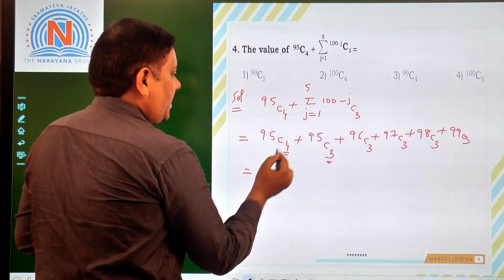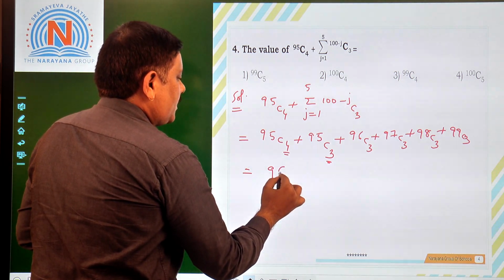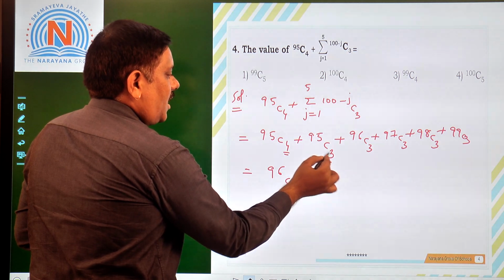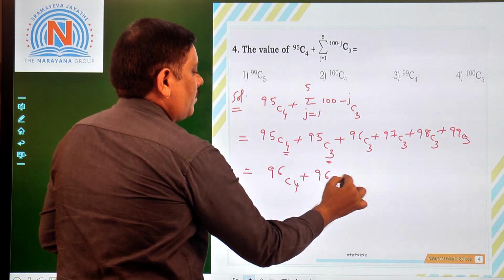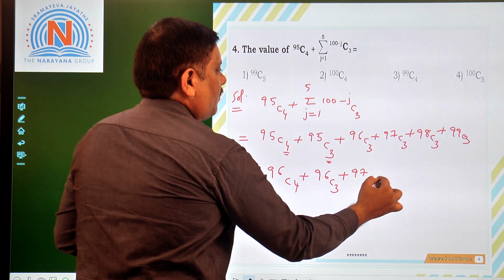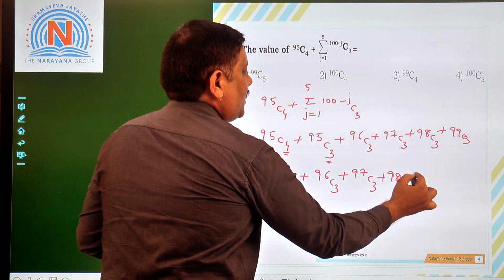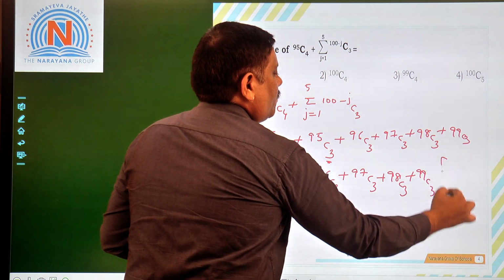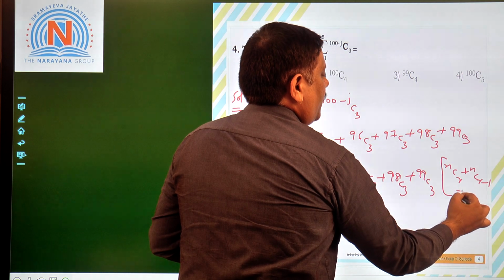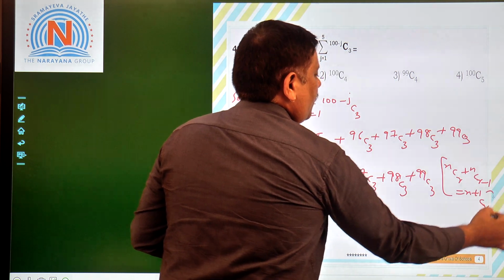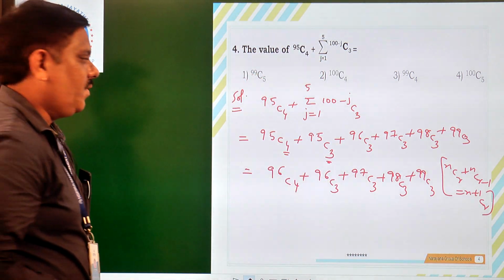So 95 plus 1 is 96C4, if this is r minus 1. So this is 96C4 plus 96C3 plus 97C3 plus 98C3 plus 99C3. What is the rule we are using here? nCr plus nCr minus 1 is (n plus 1)Cr. This is the formula we are using.